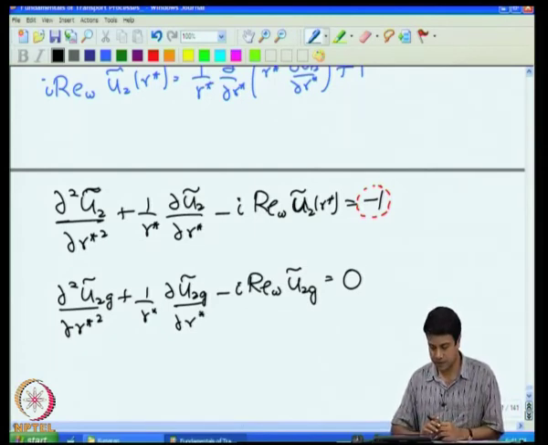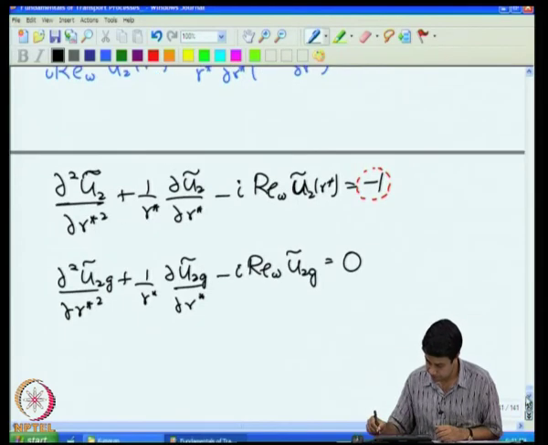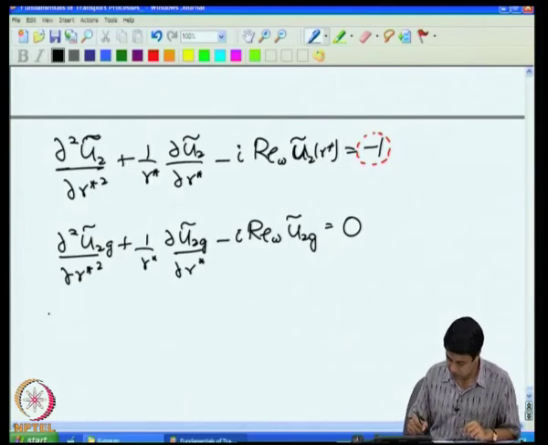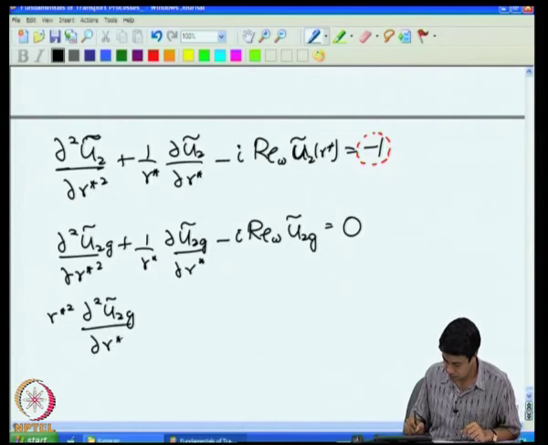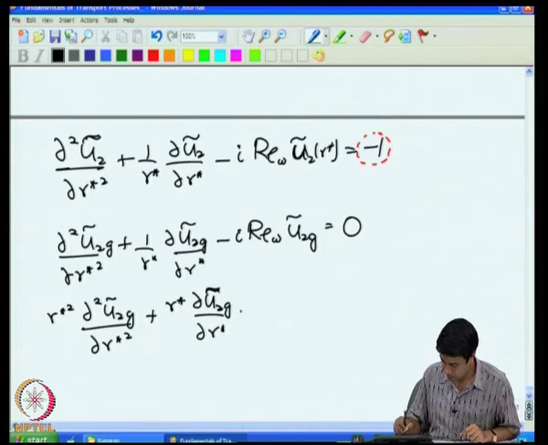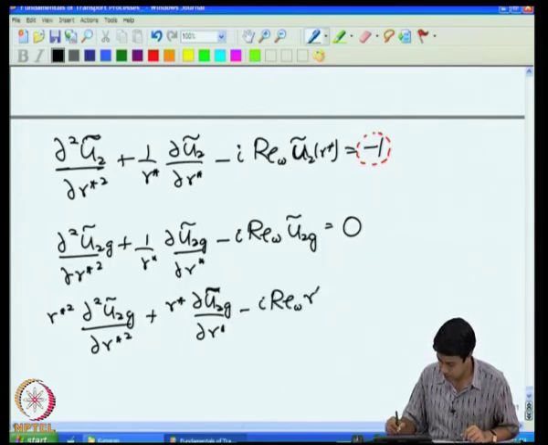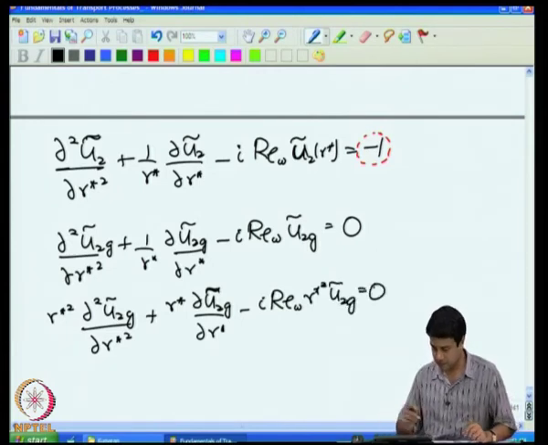First thing first, I multiply throughout by r square. So, I will get r star square d square u z general by d r star square plus r star du z general by dr star minus I r e omega r star square u z general is equal to 0.